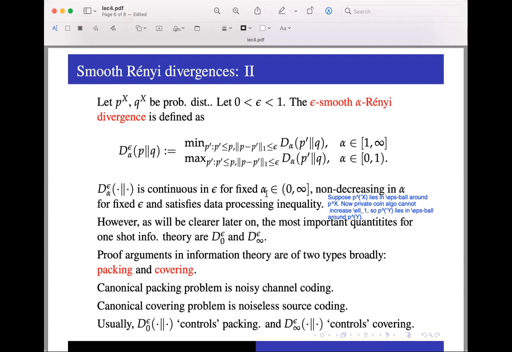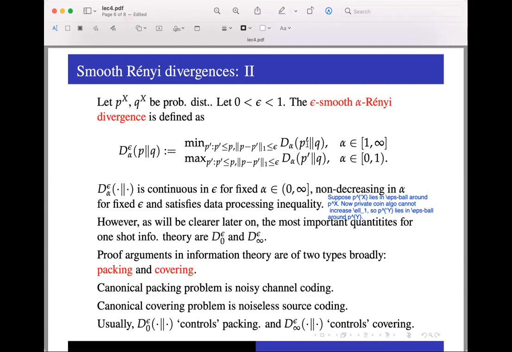And it is non-decreasing in alpha for fixed epsilon, and it also satisfies the data processing inequality. It is continuous in epsilon for fixed alpha, and you can check that, because if you vary epsilon slowly, then the optimizing P prime also varies slowly.